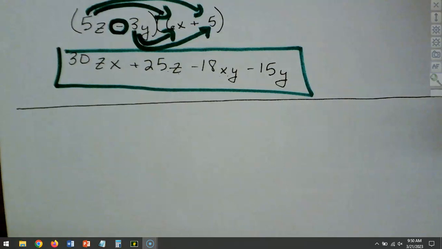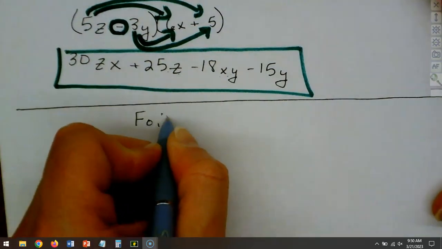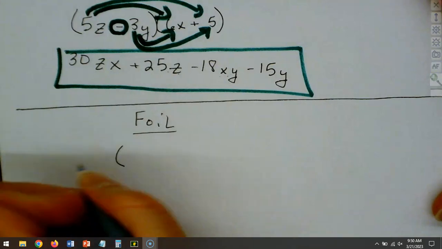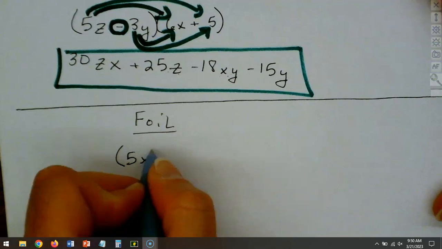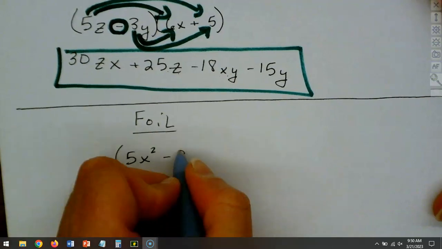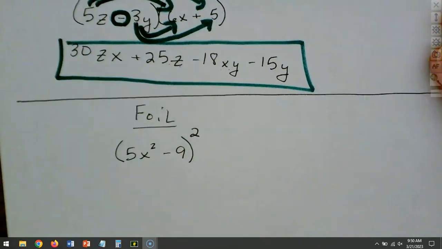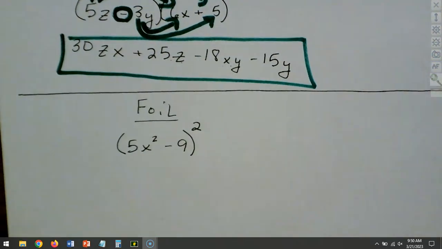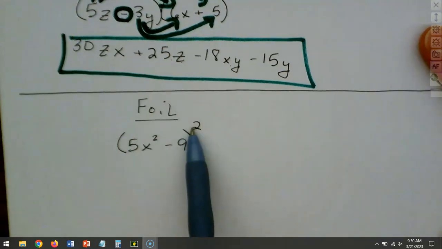Now, for squares, we write them out. So let's say I give you 5x squared minus 9 quantity squared. Now, a lot of times, students make a mistake here, and they just say, well, I can distribute this 2 through.